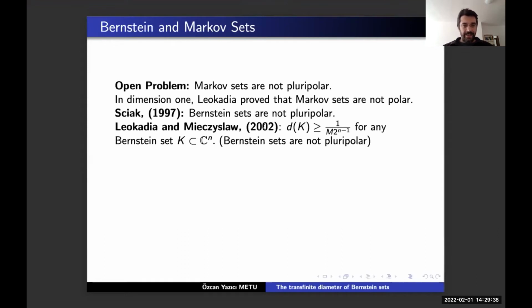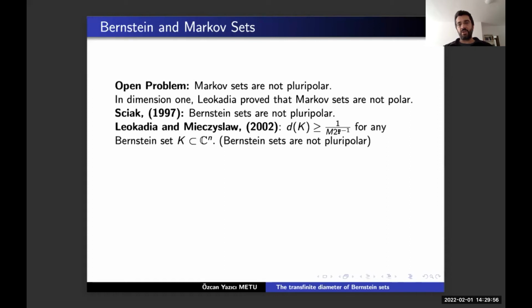Here, L and M, I will say, in 2002, gave this lower bound for the transfinite diameter. They show that the transfinite diameter of any Bernstein set is bigger than or equal to 1 over M times 2 to the n minus 1.